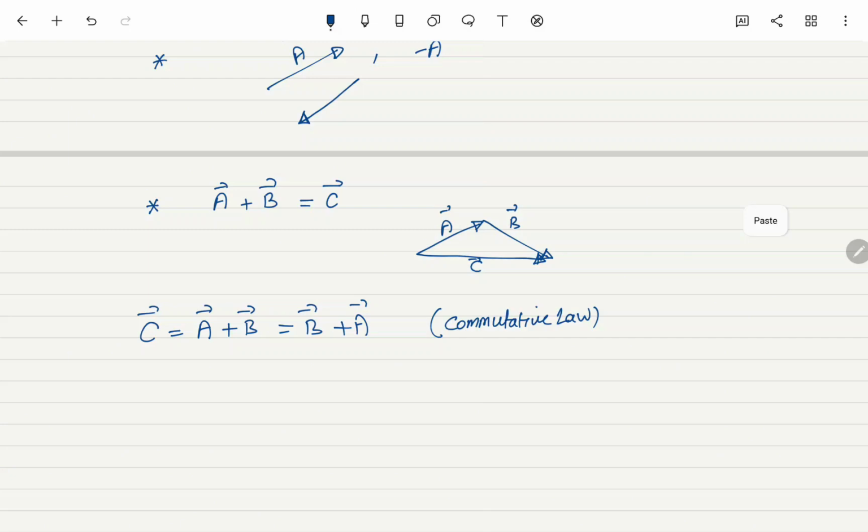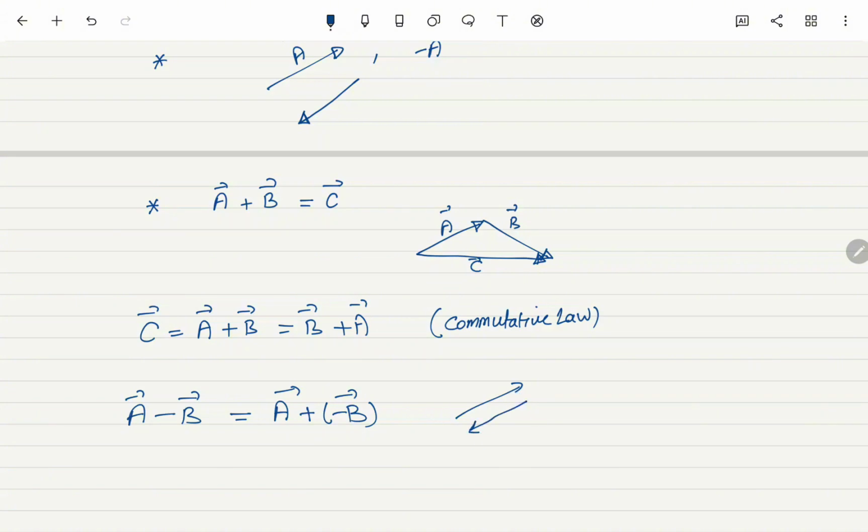Subtraction is actually an addition, but when we subtract the vector, we actually add a reversed vector. So A minus B is actually equal to A plus minus B. So rather than having B, for instance, in this direction, minus B, as we mentioned before, will be something like this.